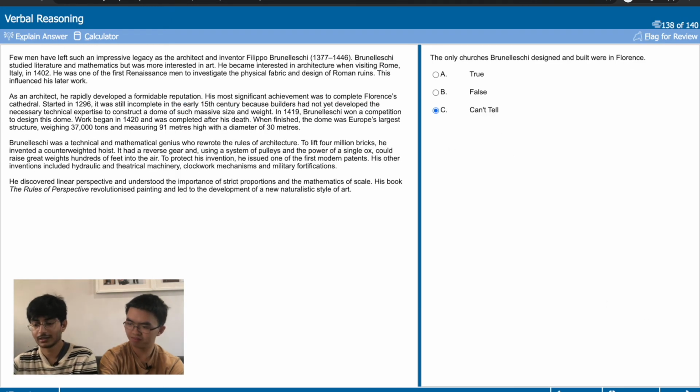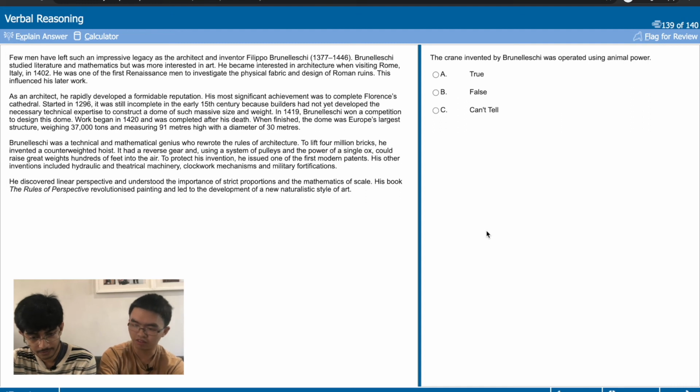So the next question is another statement. Crane would be in the third paragraph because that's where it mentions crane, and it operates using animal power. The power of a single ox. That doesn't mean that he actually used an animal. It just says that the actual crane itself had that power.